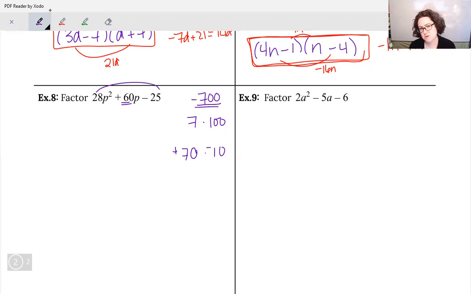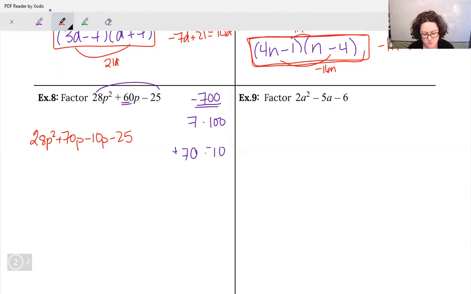So let's use that to just rewrite that middle term and then factor by grouping. So here we go. So let's rewrite as 28p squared plus 70p minus 10p minus 25. All right, so 28 and 70 have a common factor of 7.